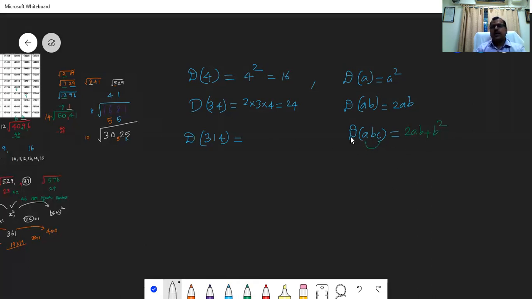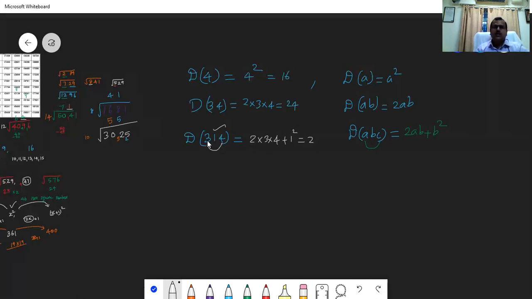Now multiply: 2 into 3 into 4 is 24, plus the middle term 1 squared, which is 1. So 24 plus 1.